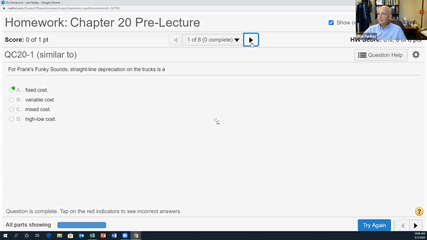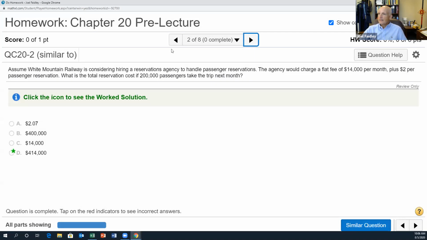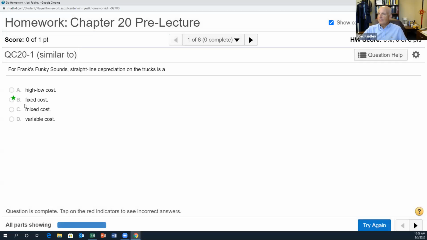So that's fixed. They use another term there, mixed cost. Mixed cost is just a combination of fixed and variable, kind of like the old cell phone plans I talked about, and also the electricity invoices at Exide would be mixed.